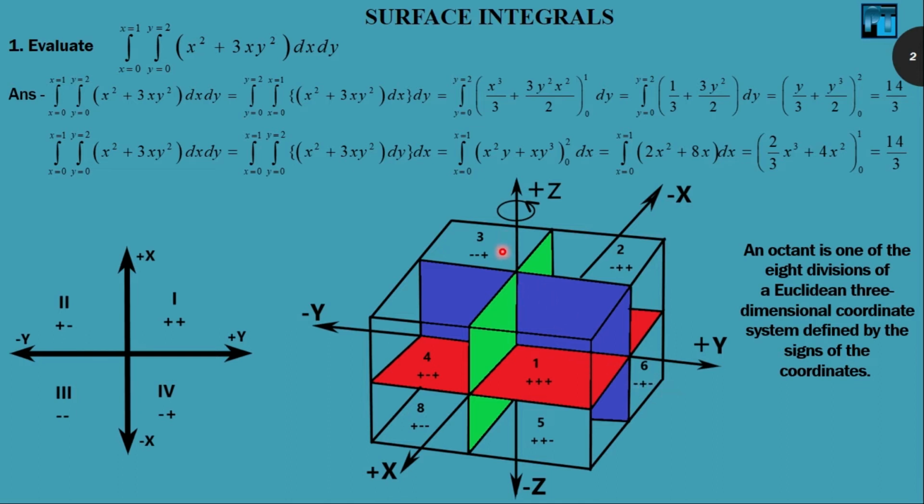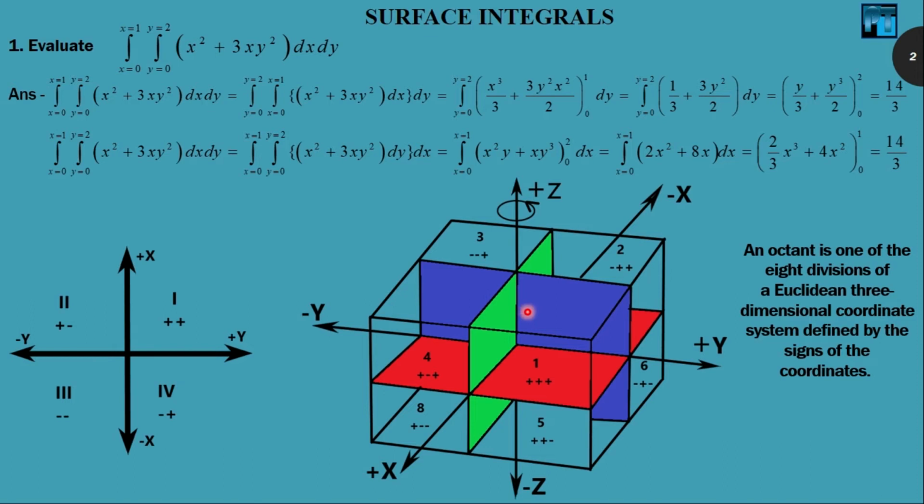In the 7th octant, X is negative, Y is negative, and obviously Z is also negative. So in 7th octant, that is minus minus minus. I hope this picture can give you a brief introduction about the octant.